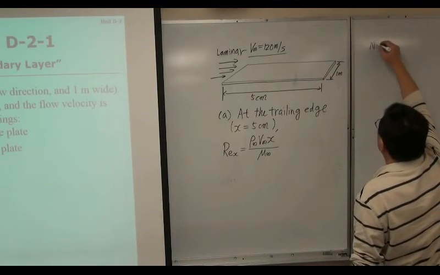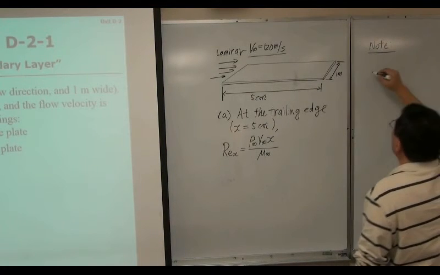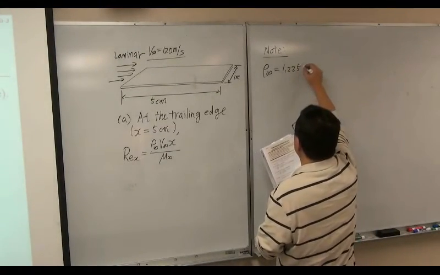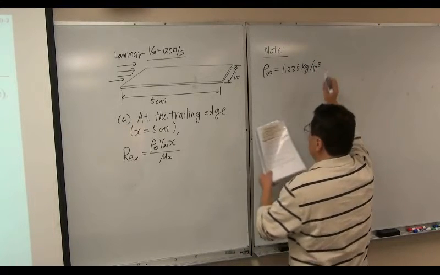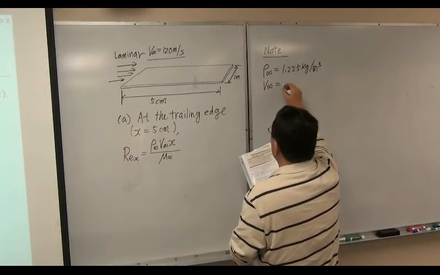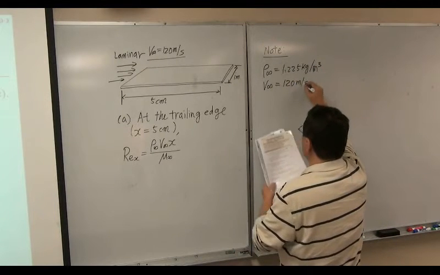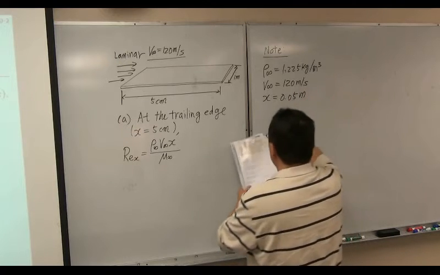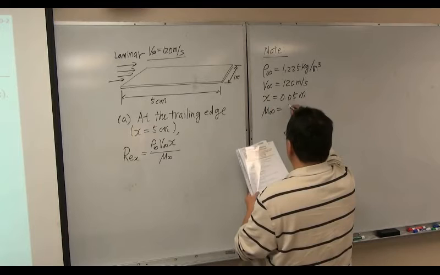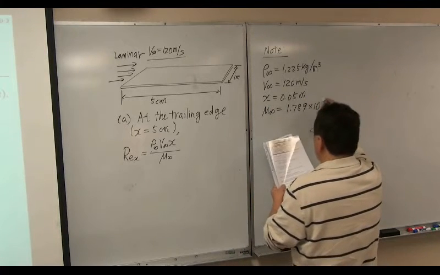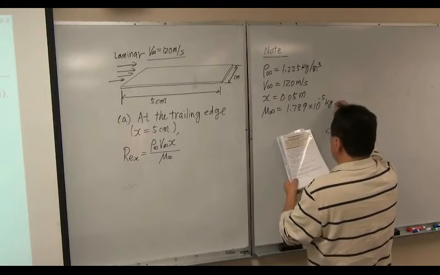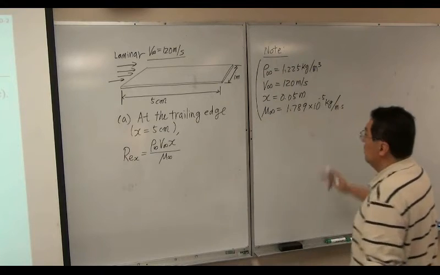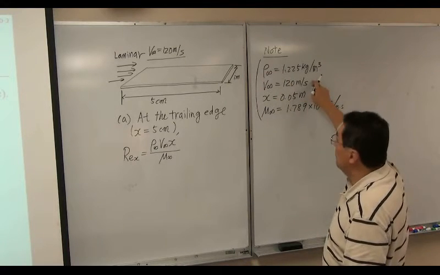Rho infinity, this is standard sea level, let's pick 1.225 kilogram per cubic meter. Velocity is given, 120 meter per second free stream. X is 0.05 meter. Viscosity at the standard sea level is 1.789 times 10 to the minus 5 kilogram per meter second.